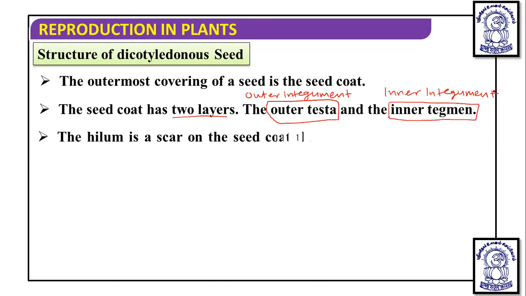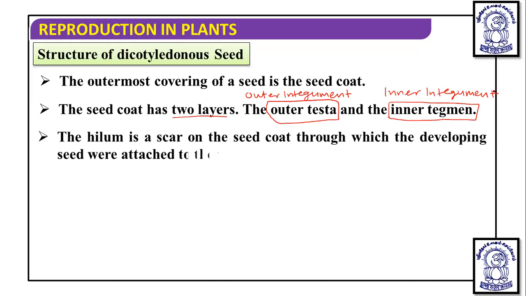When we see the structure of ovule, we have already seen that a structure named hilum is found, which connects the funicle with the body of the ovule. In the same way, hilum is also found in the seed. Here this hilum is represented by a scar on the seed coat, on the outer one, that is the testa.